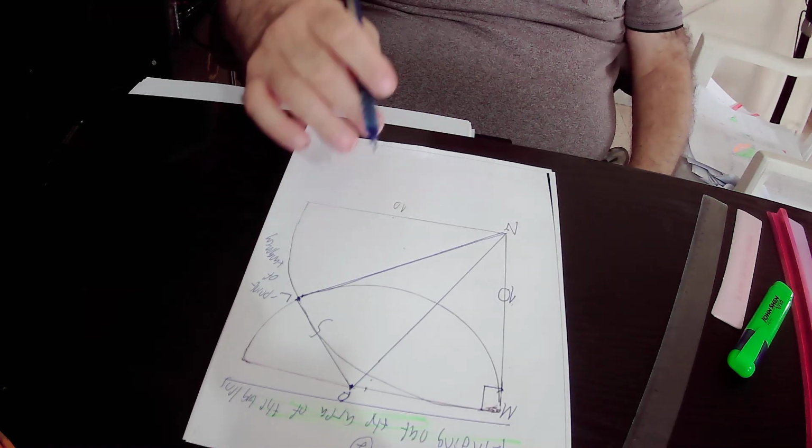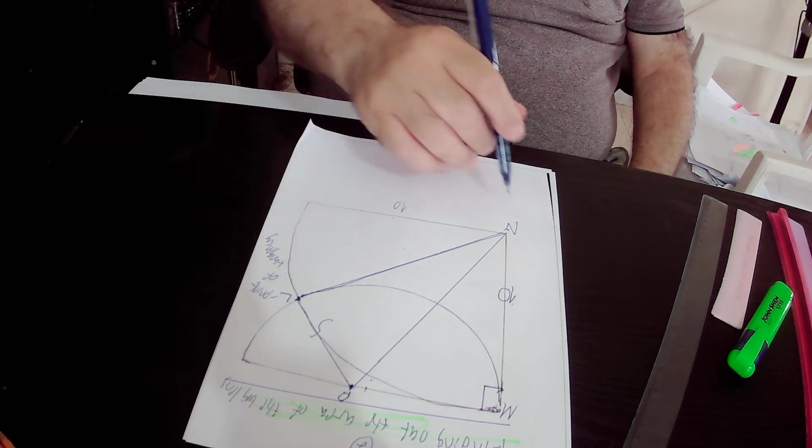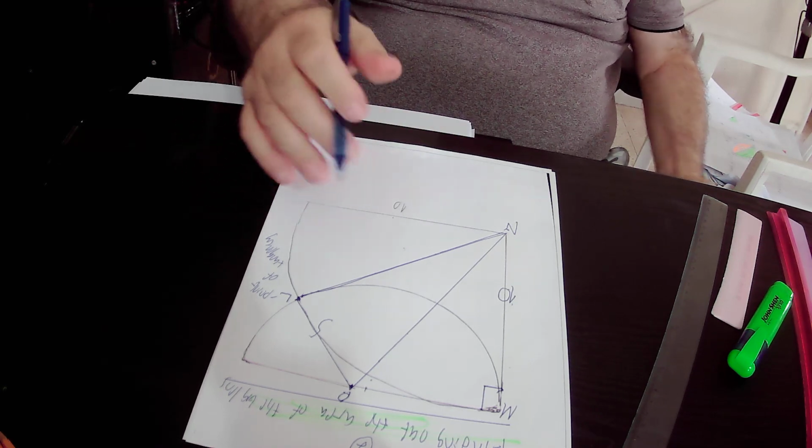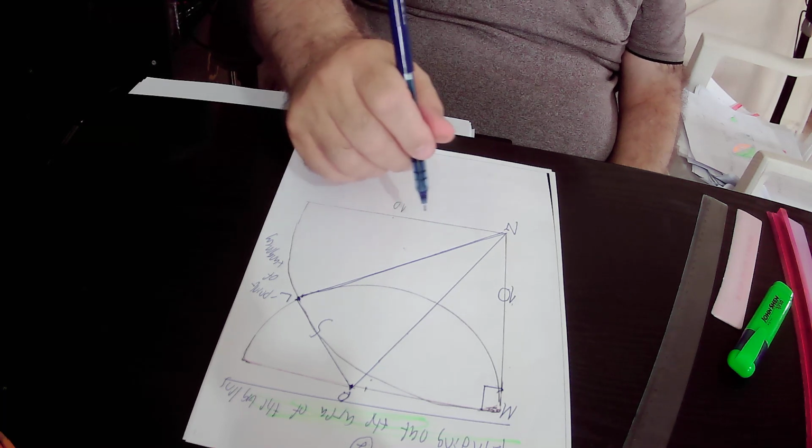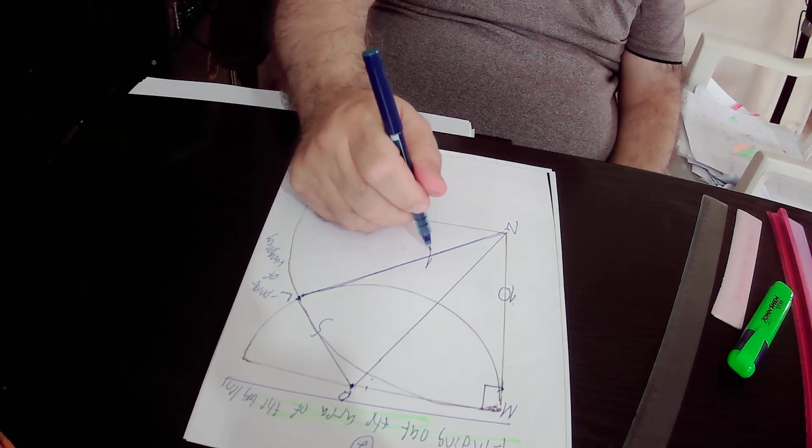Point L is a point on the quarter circle itself. That is to say, this is exactly the definition of a radius. So NL is the radius of this quarter circle that is equal to 10 units.